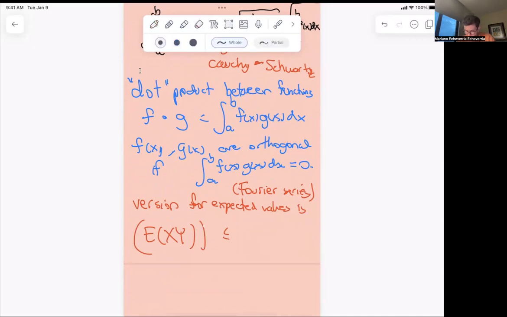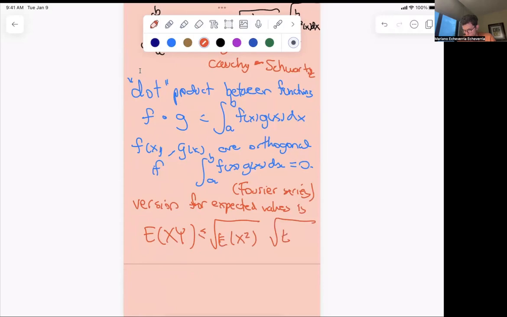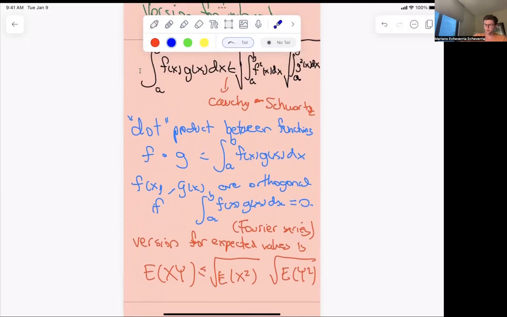I'll write it to make it look closer to this. Maybe this looks less weird, why this might be true, if you believe that something like this is true, because the expected value of a product is more or less like this.